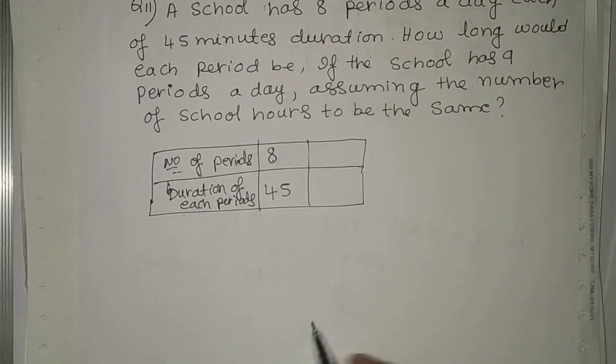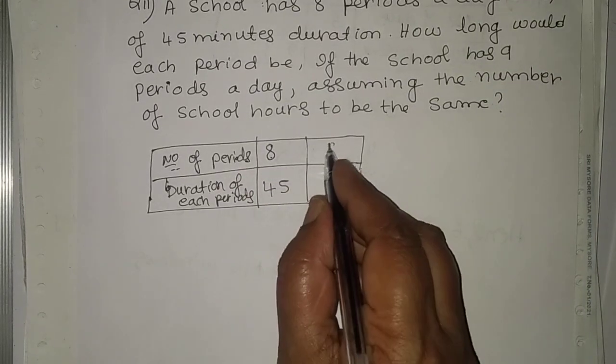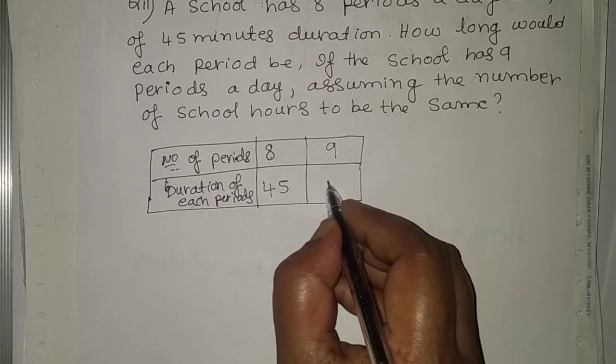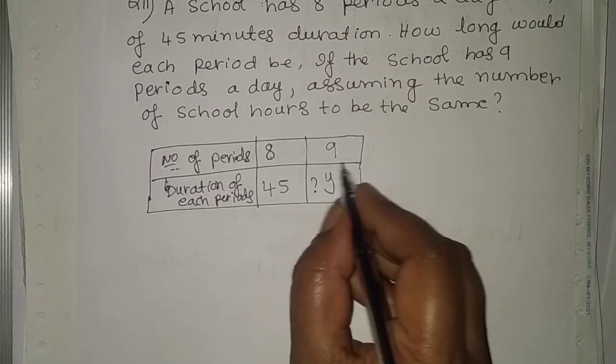If it is 9 periods, how many minutes will each period take?